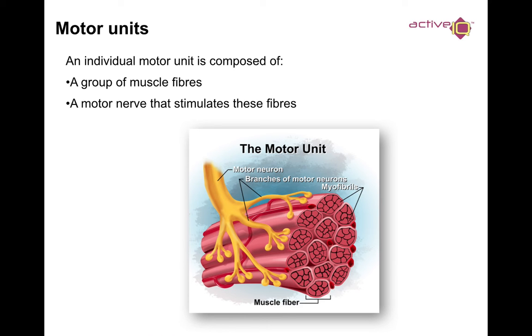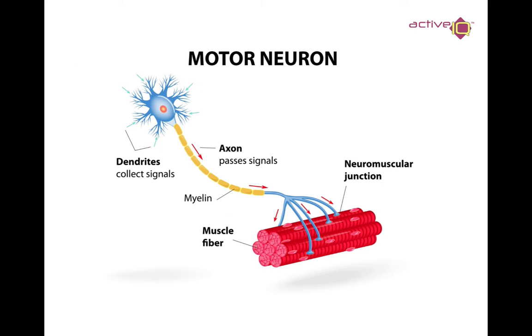All right, we get electrical pulses from the brain, which make sure that the muscle fibers are contracting in a certain way. Now, the route it takes, as you can see in the little blue diagram there, is something called the dendrite, which collects the signal from the stimulus, and then that signal is passed along the axon and on through the myelin, which coats the axon.